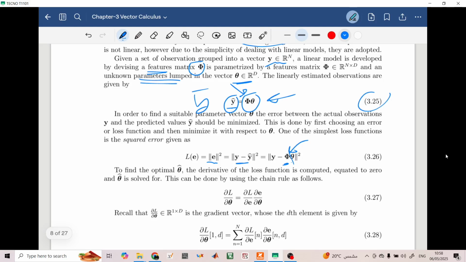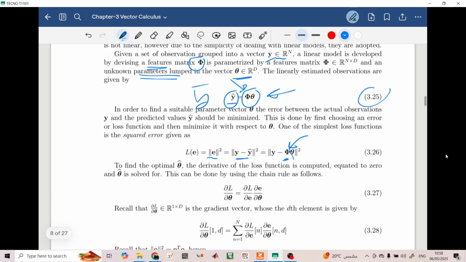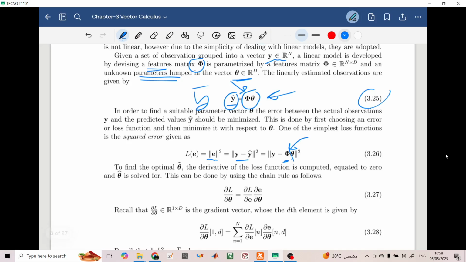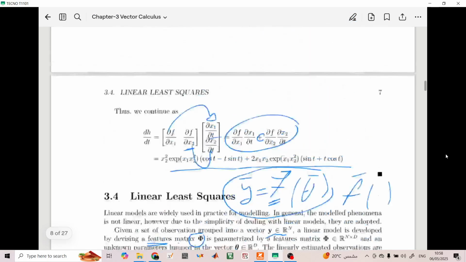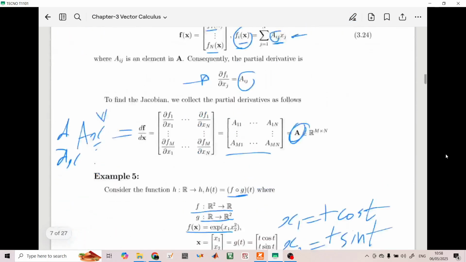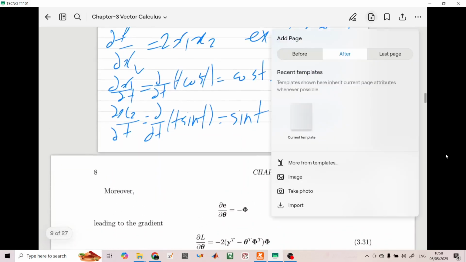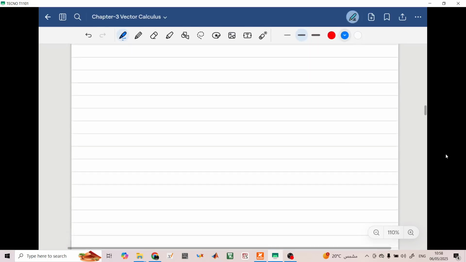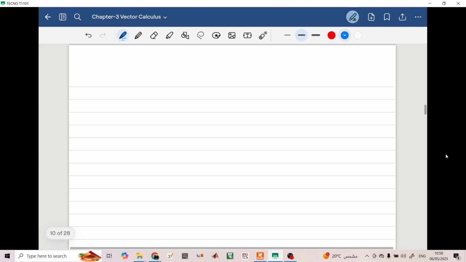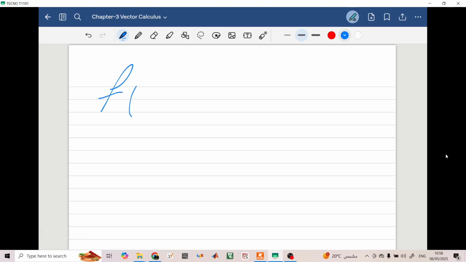Again, let's go back in our memories to the elementary calculus courses. Let's take another page here. Let's say that you have a function f of x, a one-dimensional function.